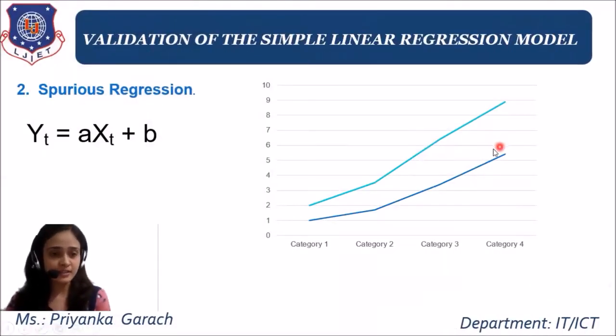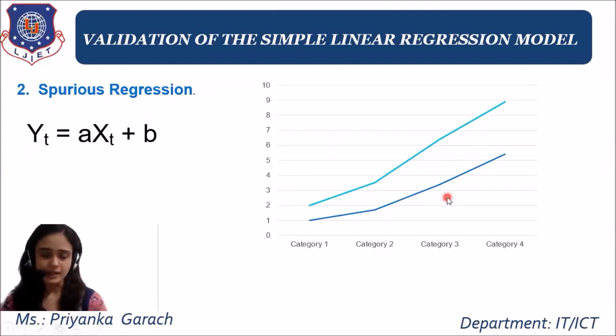Now let's see the second type of validation, that is spurious regression. So what is this spurious regression that we have to see? Suppose this is my graph, and in this graph I have two different lines, one line for x and another line for y, and it shows some relation just like the simple linear regression.